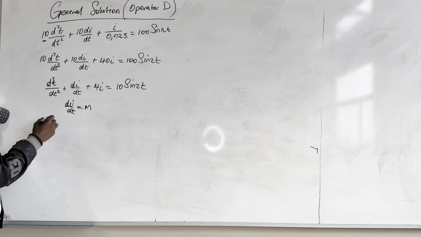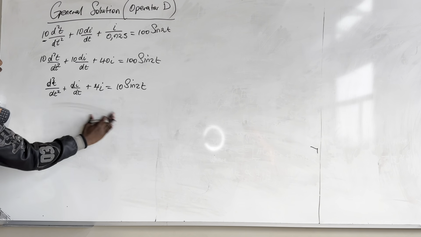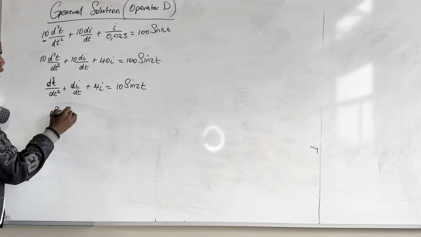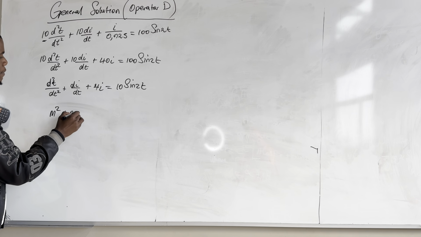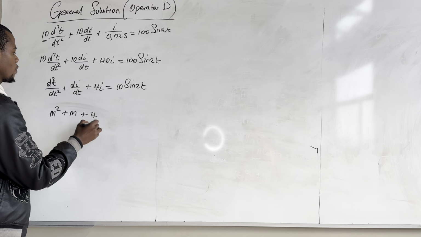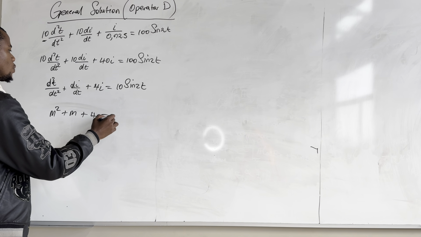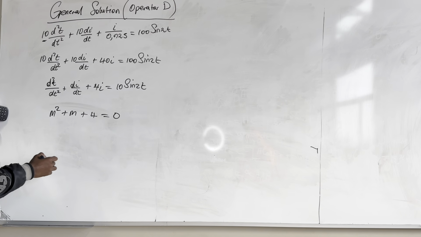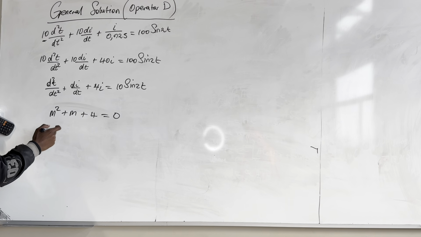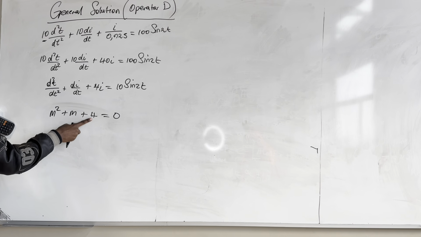Then we will have m squared plus m plus 4 equal to 0.